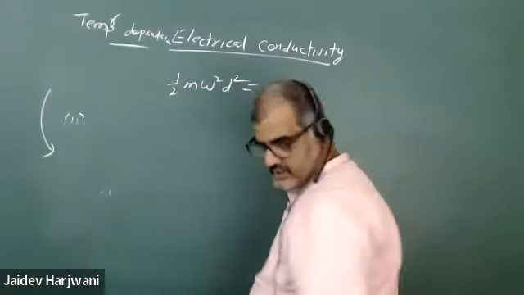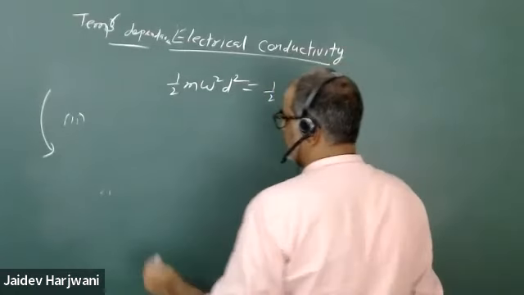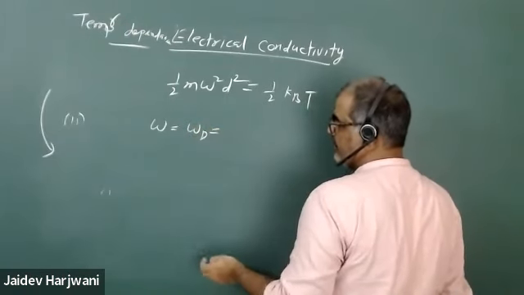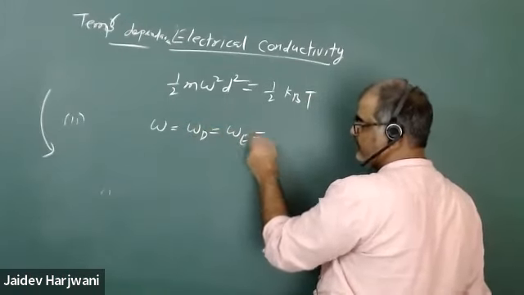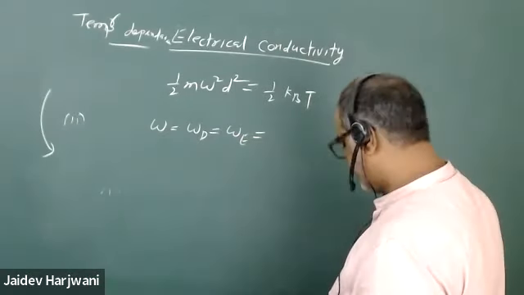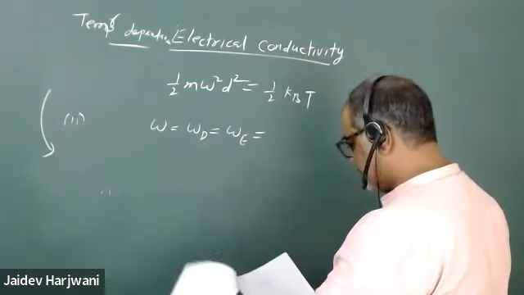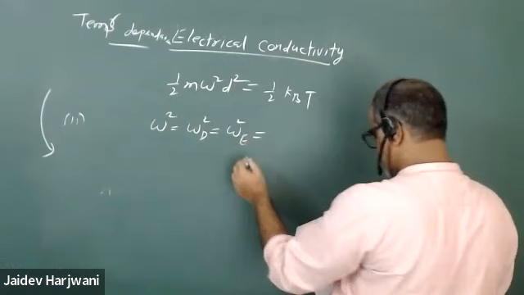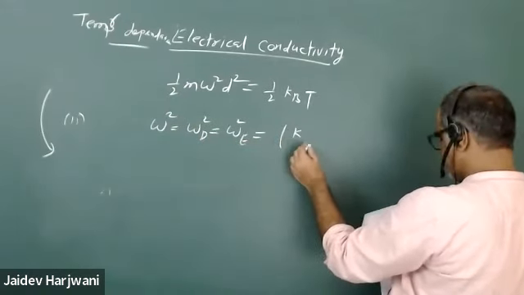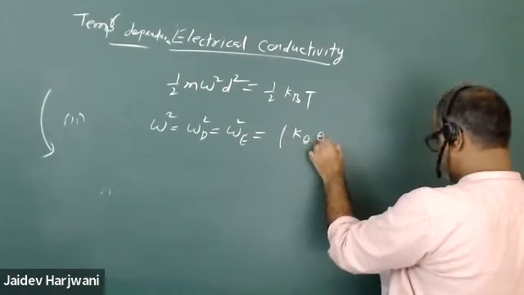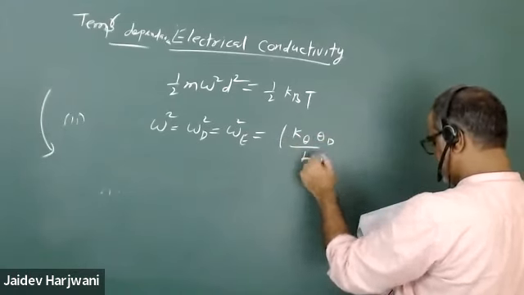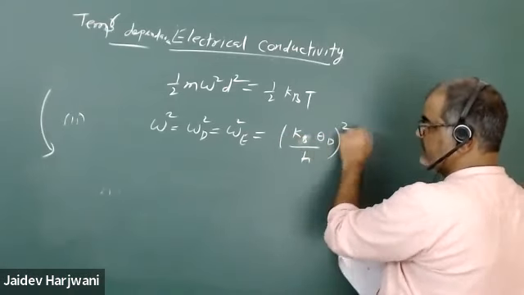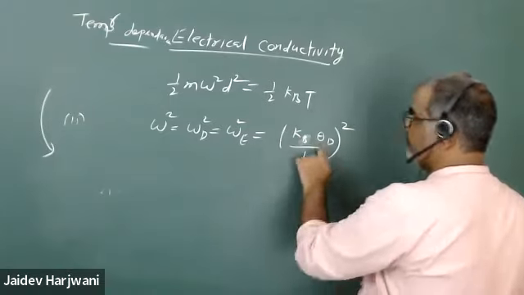At high temperature I can write omega equal to the Debye frequency. Debye frequency or Einstein frequency, they are almost the same at high temperatures. Their values we have seen when we were discussing lattice vibration: k theta D upon h cut, so omega is k theta D over h cut. Now just put this value here.